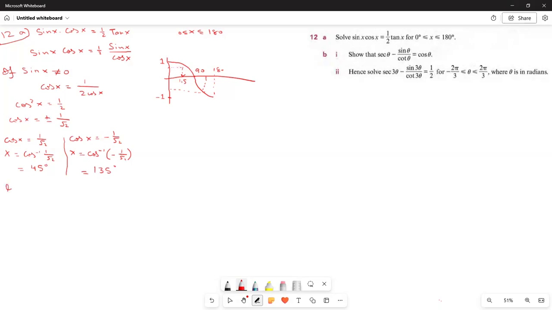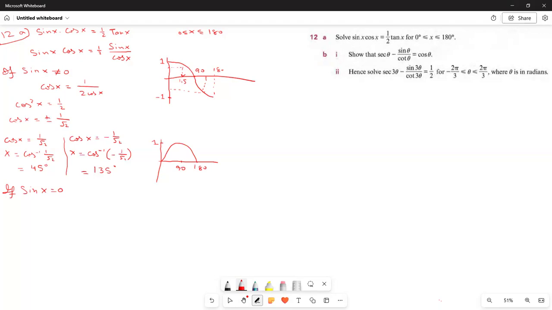But what if sin x is equal to 0? If you remember the graph for sin x, it is something like this. It goes from 0 up to the maximum, which is 1, here is 180 degrees and this is 90.